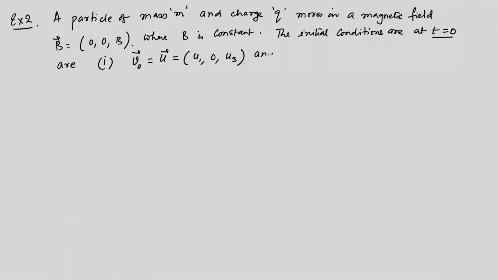And it has been released from the position r 0, which is equal to 0, u 1 over omega, and 0, where omega equals qB over m, which is called the cyclotron frequency.